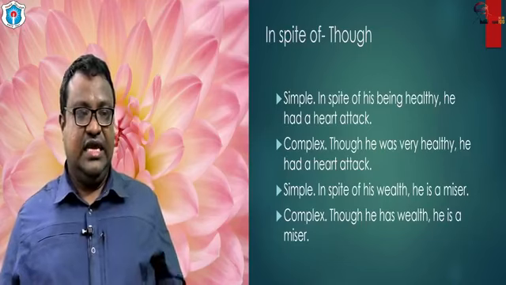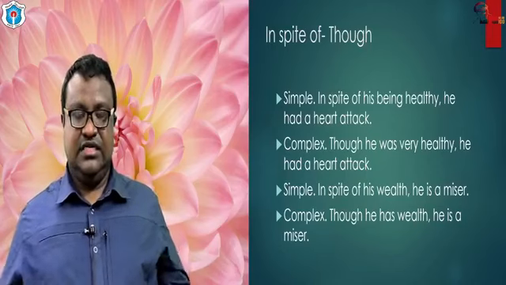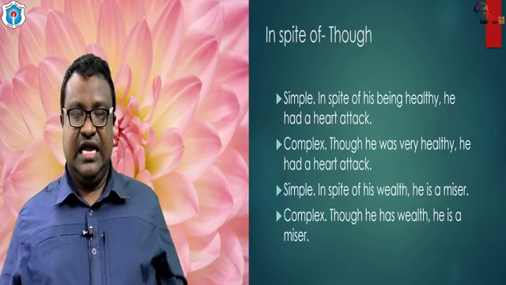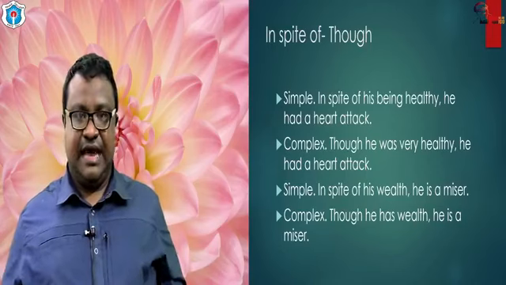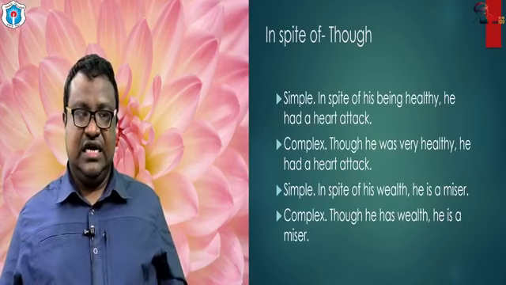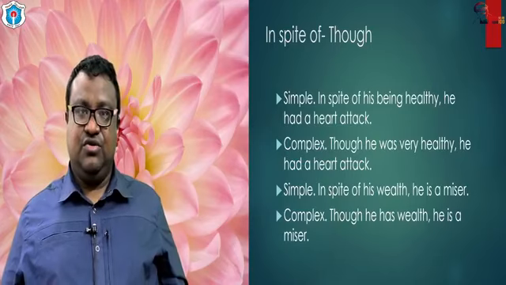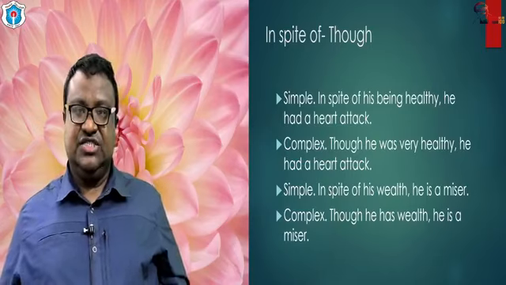For example, in spite of his being wealthy, he is a miser. In spite of his being poor, he is happy. So the auxiliary verb being always comes before the adjective when we are dealing with the structure having in spite of.